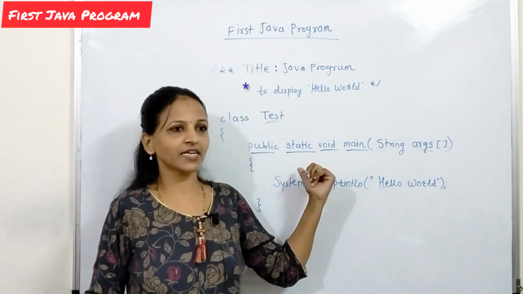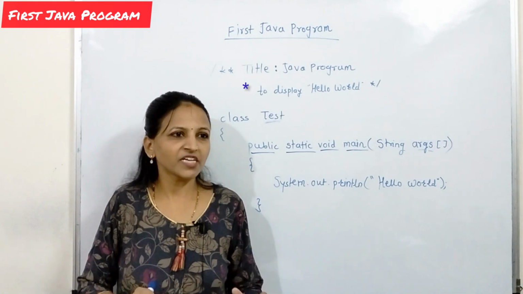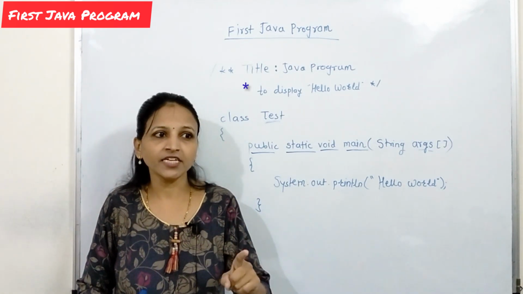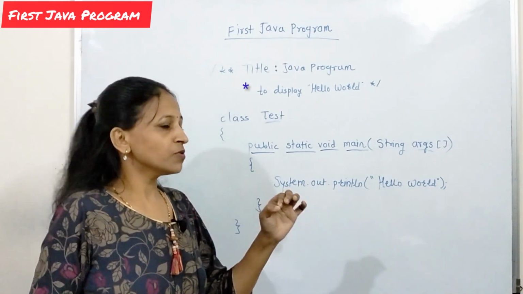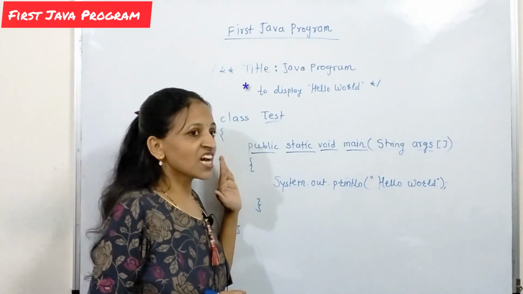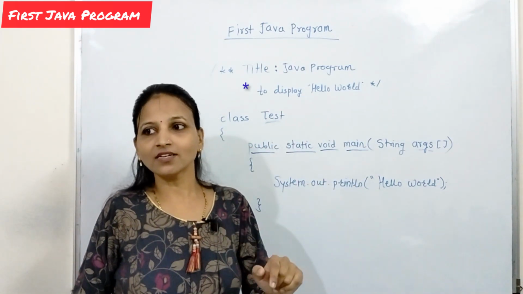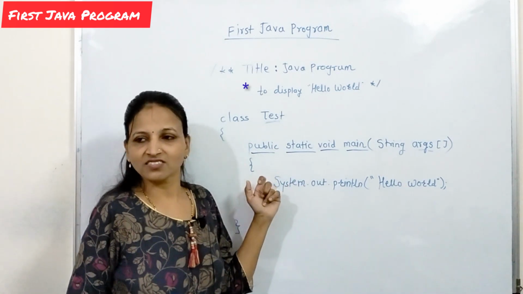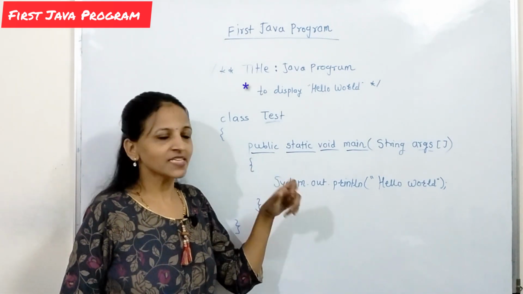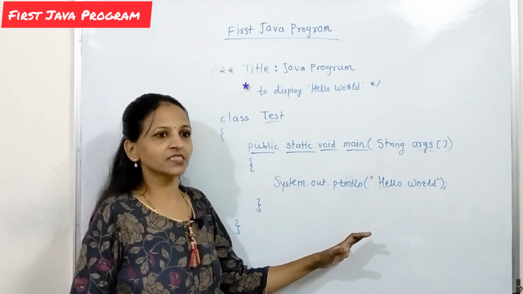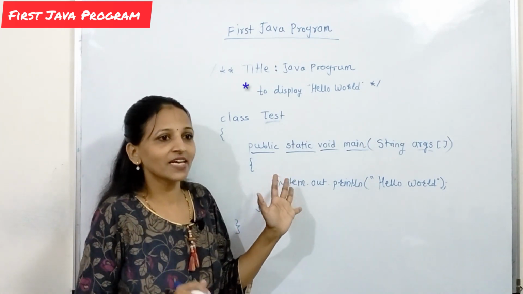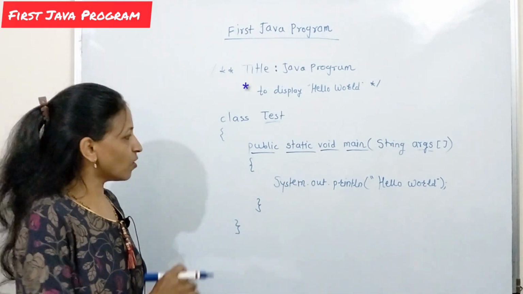This main is a static method. If any method is declared as static, then there is no need to create an object of this class to call this method. This is the meaning of the static keyword. Public means this method can be accessed by everyone, outside that class.